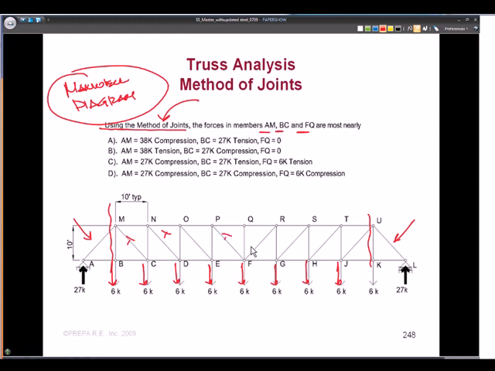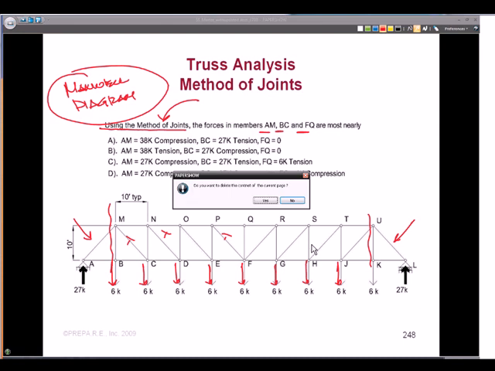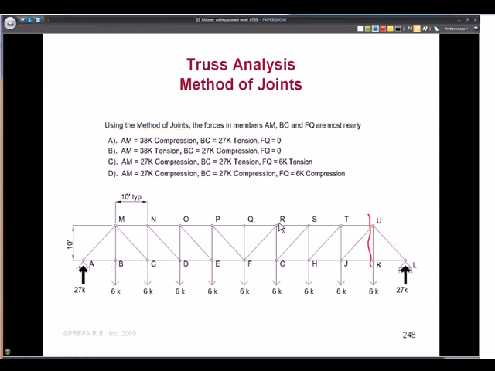We'll prove that to ourselves, but if you go back to the picture of the Pratt truss, you're going to see that this looks pretty similar, except that the ends of the members change. They'll probably be in compression, but let's act like we don't know that yet. So before we jump in, let's see if we can eliminate any of the wrong answers.